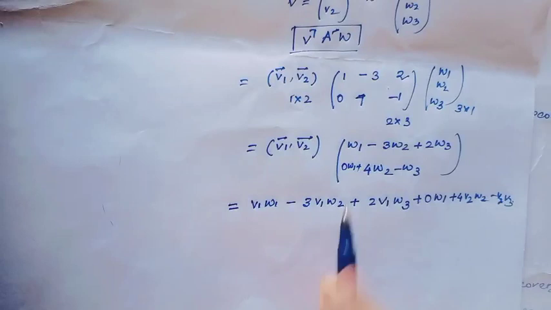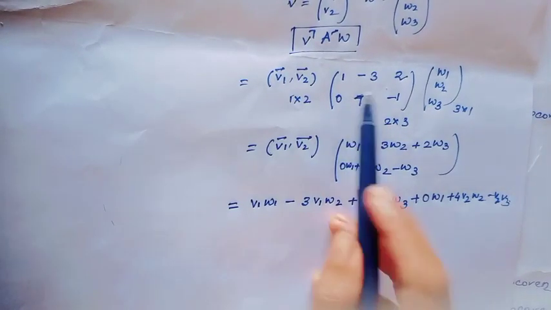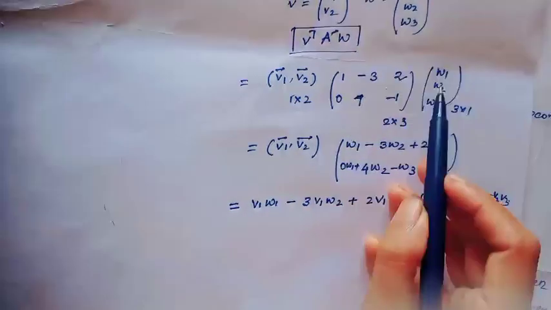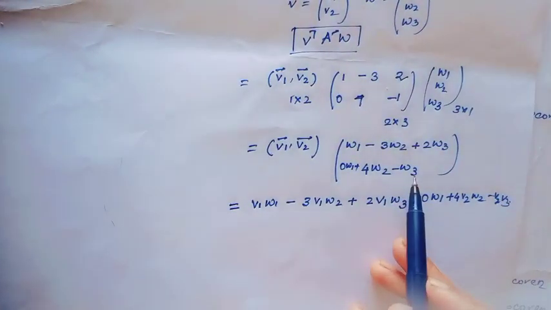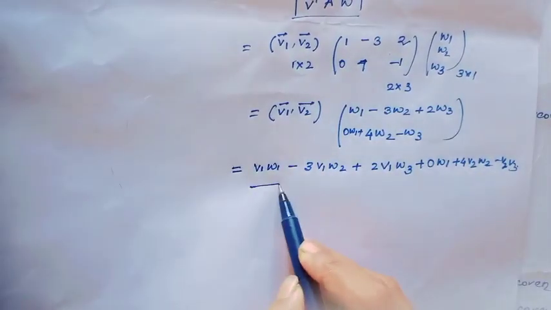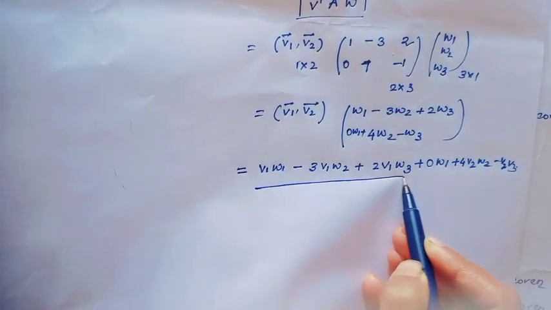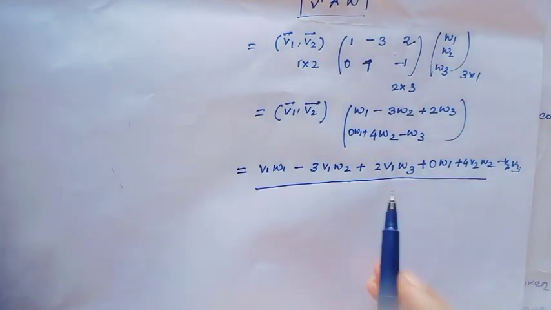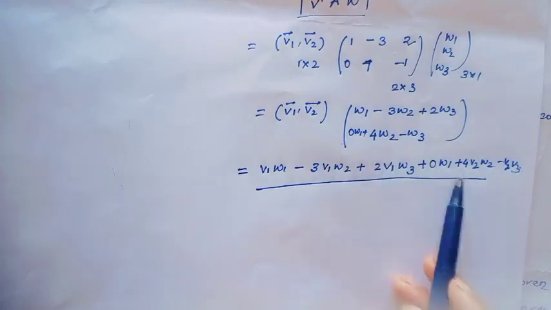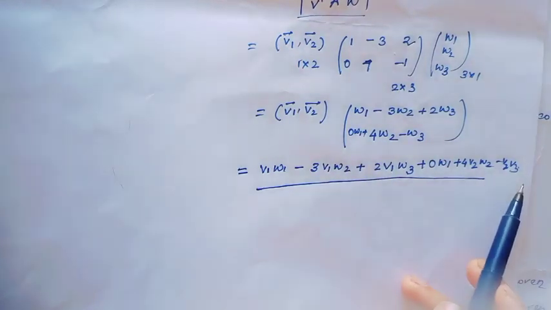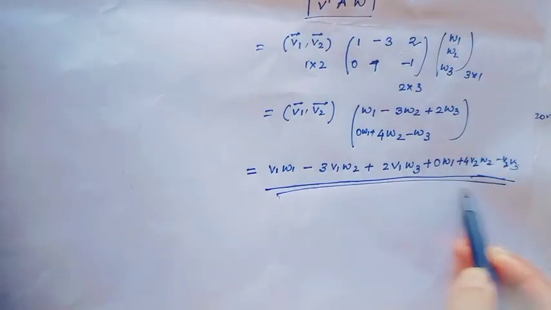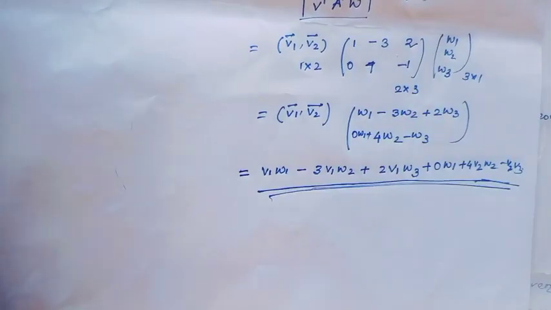So A w would be w1 minus 3w2 plus 2w3 and 0w1 plus 4w2 minus w3, multiplied by v1 comma v2. So the result would be v1 w1 minus 3v1 w2 plus 2v1 w3 plus 0w1 plus 4v2 w2 minus v2 w3. And obviously this is a scalar number, so obviously this is a member of the real numbers.